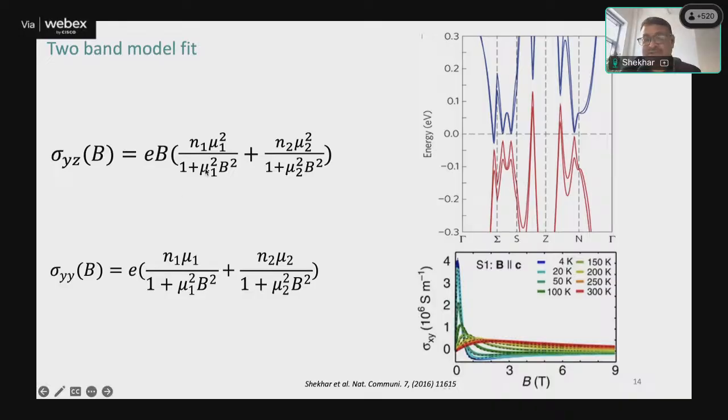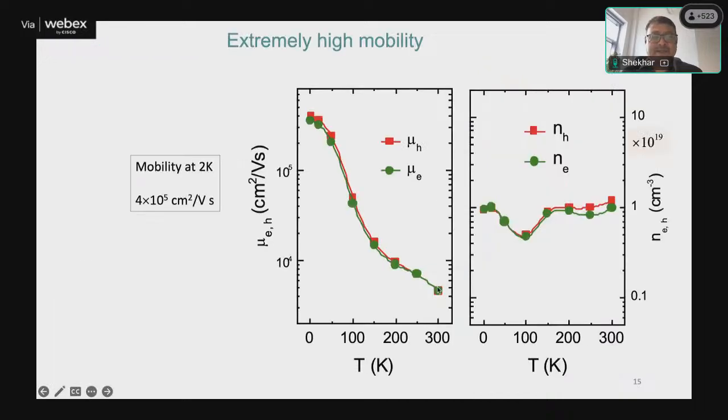So we calculate the conductivity, Hall conductivity and normal conductivity. We apply this formula, where we have four variables, which we calculate here by measuring resistance and Hall resistance. We calculate the Hall conductivity and apply this formula. Then we have a separation of the hole and electron.